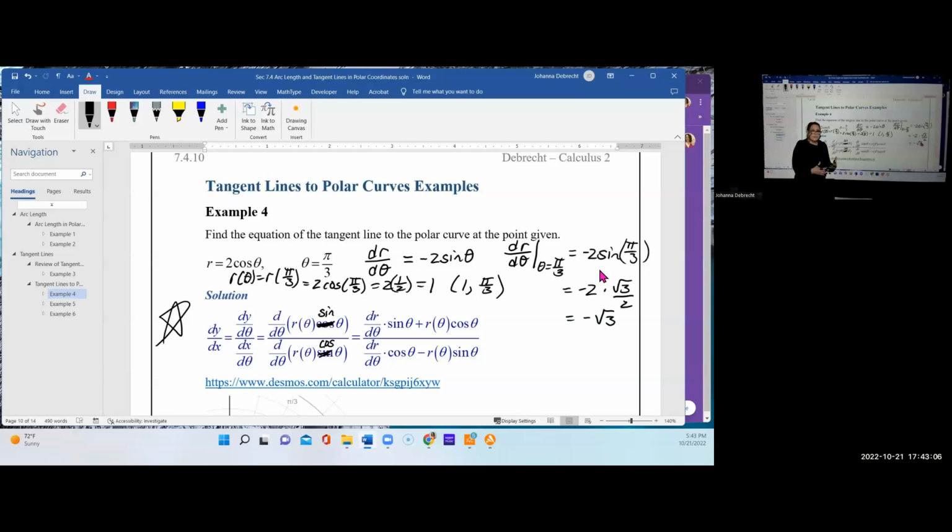Could I get a general formula? Absolutely. Instead of plugging in the value, I would just keep them in their current form.